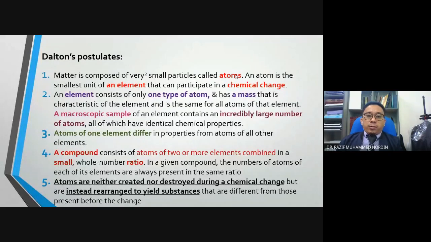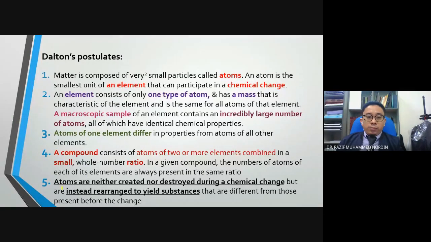A macroscopic sample of an element will contain an incredibly large number of atoms, all of which have identical chemical properties. Atoms of one element differ in properties from atoms of other elements.